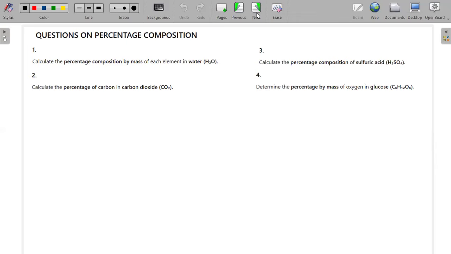So for example, when you are given a test, or when you are writing the exam, that test will be out of 100%. Whatever you get out of the 100 will be your marks. Those marks of yours are the percentage composition.